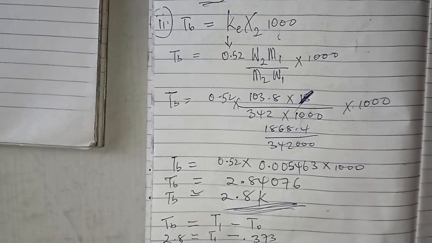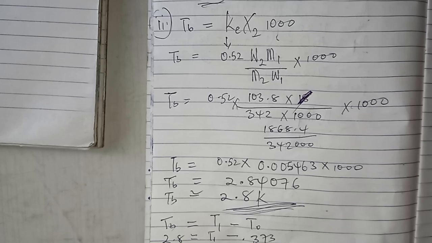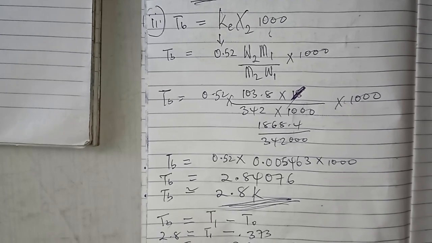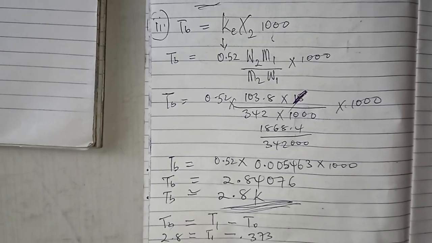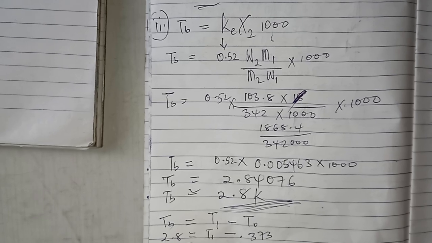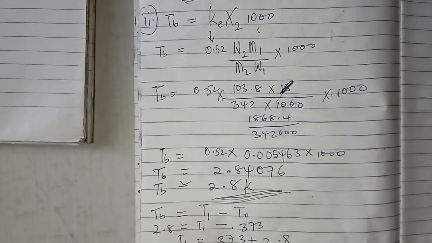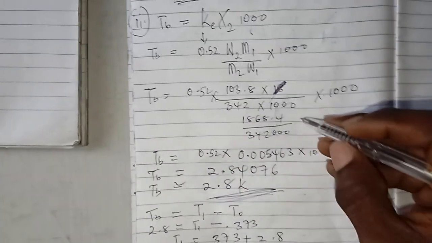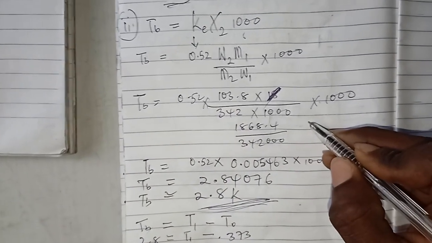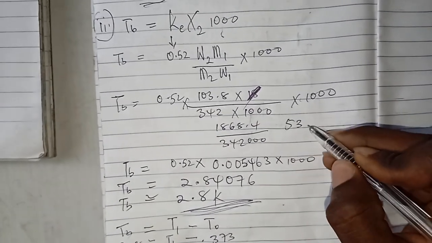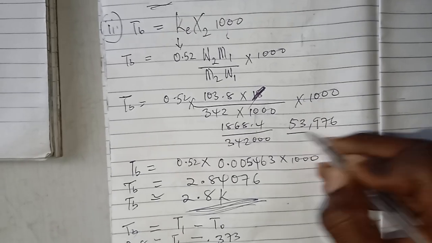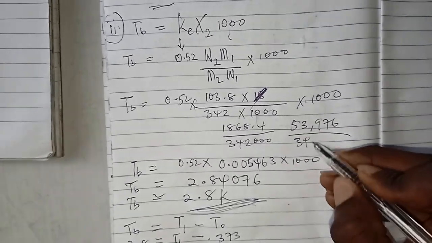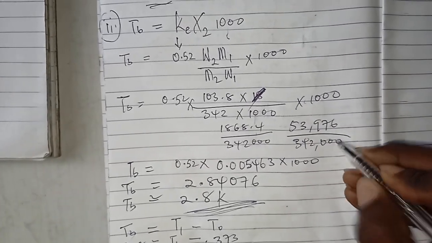Then I now have 0.52 times 103.8 times 1000. So I get 53,976 all over 342,000.